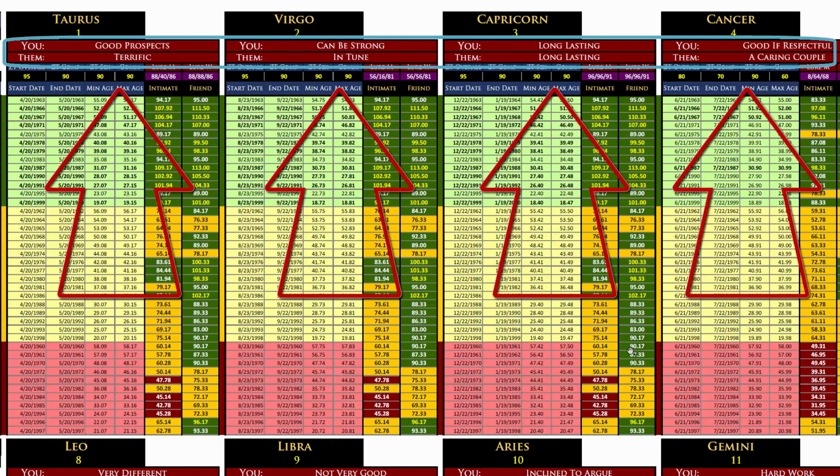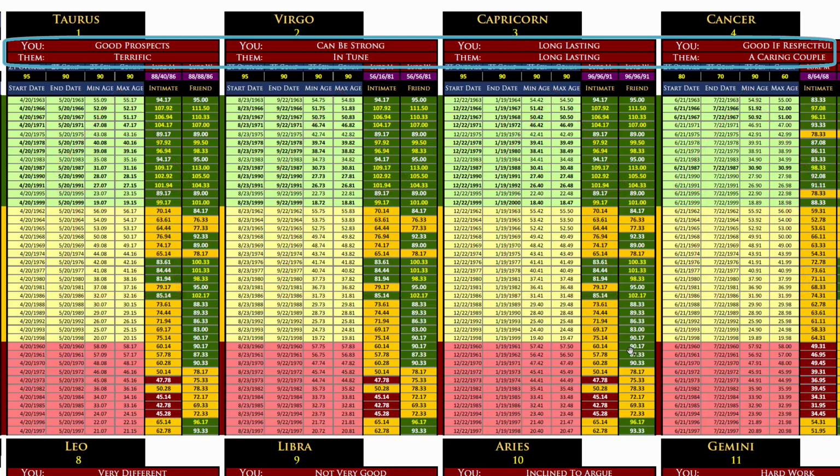The one on the bottom, the them, is the person that's being described and identified in the lower sections. Okay, so if you were to get into a relationship of any type, whether it's intimate or if it's just as friends or whatever, the second person that you would meet, who is being described to be between the date of births in the start date and end date areas, this person would feel like this relationship is a terrific one.